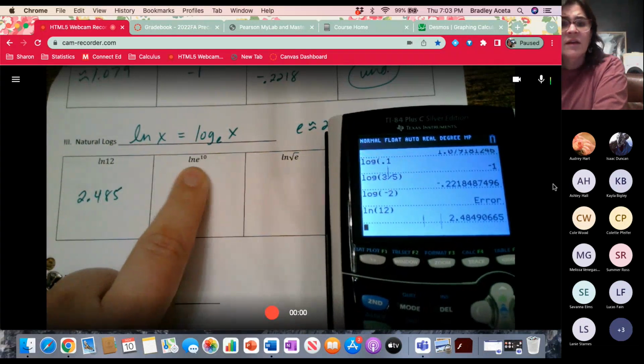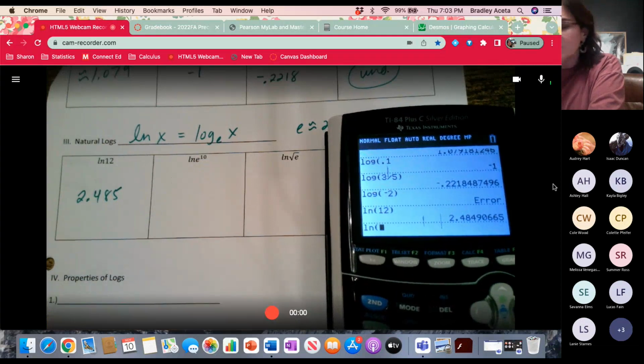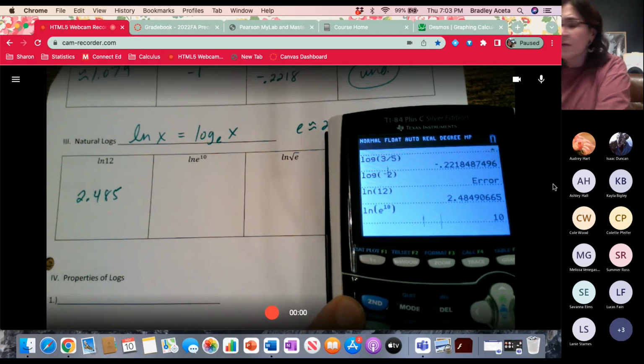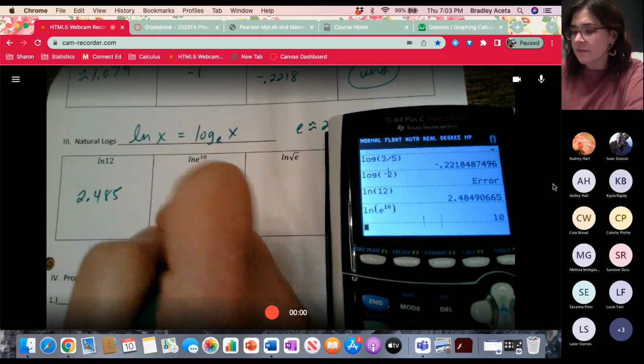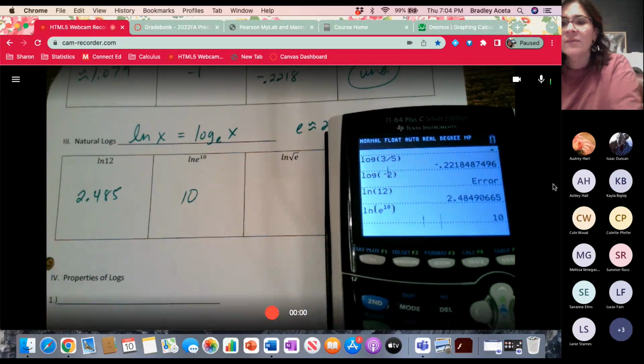And we'll do ln of e to the 10. So ln, the e is above that ln button, e to the 10. And look at that, it just became 10. That's very important. Okay, and I'll tell you why in a minute.